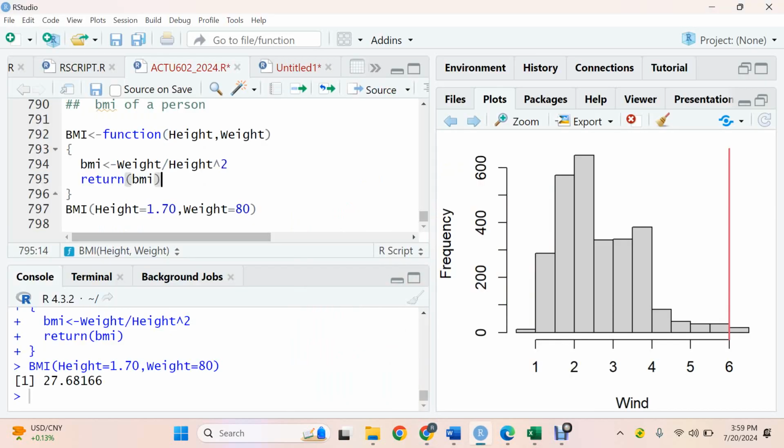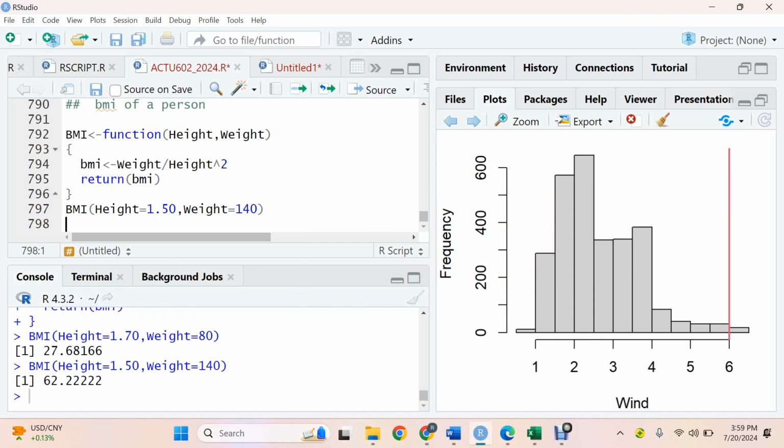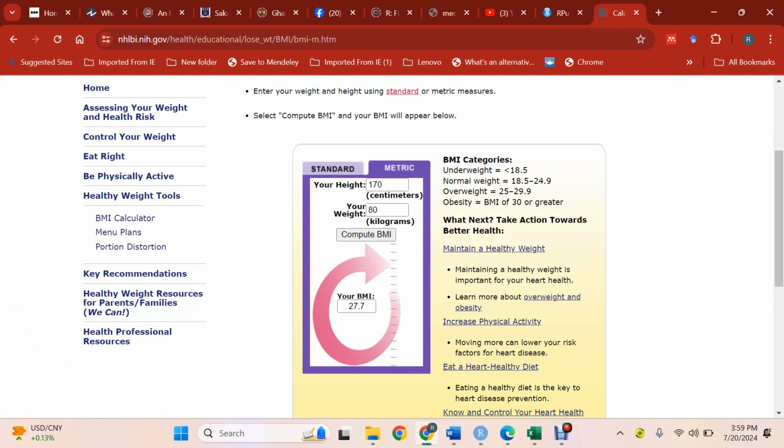If I change it to 1.5 and let's say 140 kilos, I get 62, right? If you come here, it will tell you that 62 is obesity, and so forth.